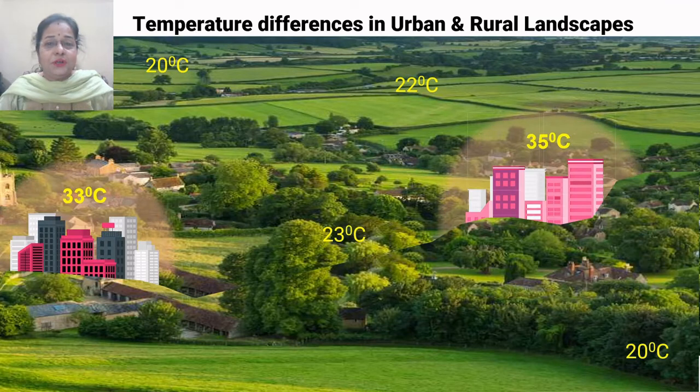See in this picture how these urban areas look like heat islands with comparatively higher temperature on cool rural background. This is a very good visualization of the urban area as urban heat islands.